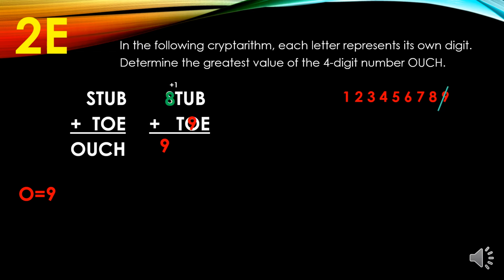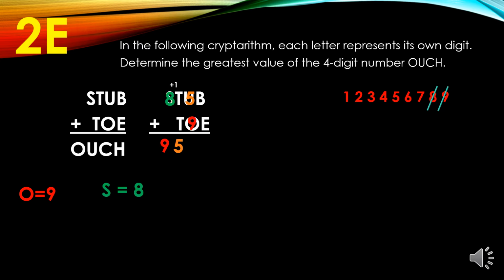Which is 7. So, 7 plus 7 with the additional 1 will give us 15. So, there you go. If we go for 5 there, 5 plus 9 will give us 14. So you also have 5 there because we have the same letter, U. All the U is now 5.